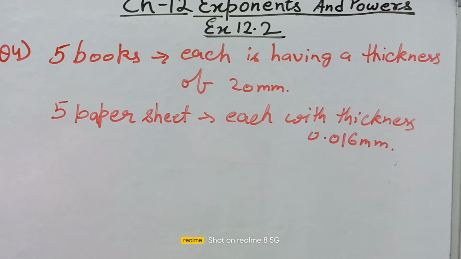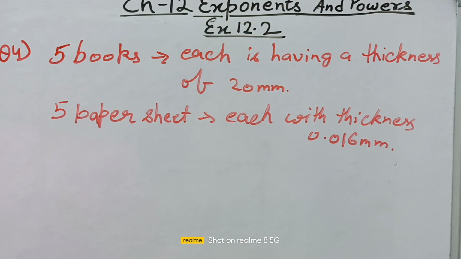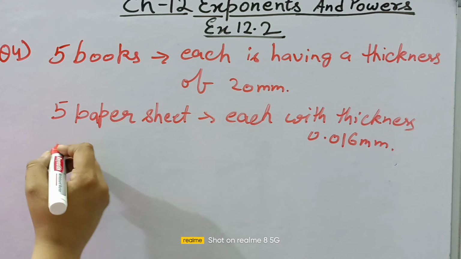Now we can see thickness of books are given in a standard number, but thickness of paper sheet is given with a very small number, and that is written in usual form. So we have to first convert this thickness of paper sheets into standard form. So let's first write the first statement.